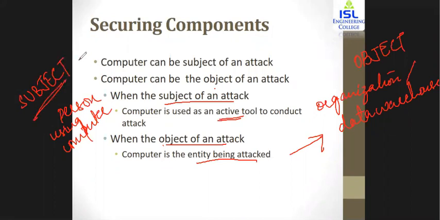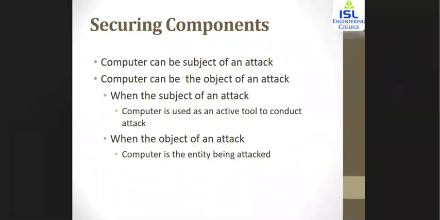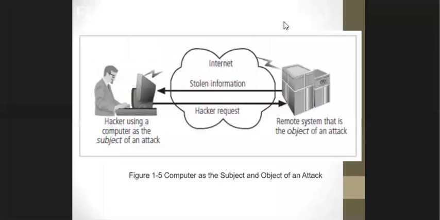You're using this computer to launch an attack on the object, that is a particular organization. Now, in here, a hacker is using the computer as the subject of an attack. That is, this computer is being used by the hacker to launch an attack.